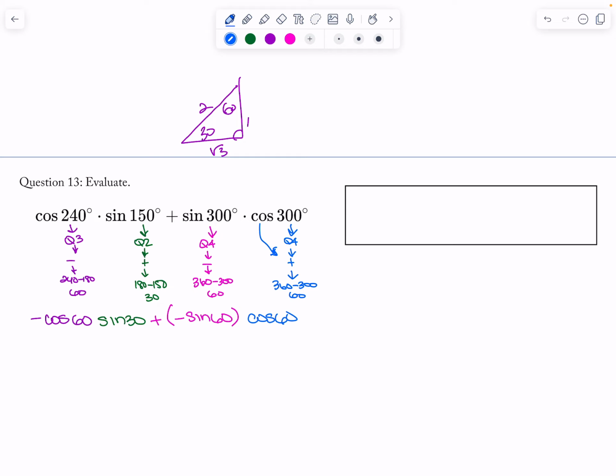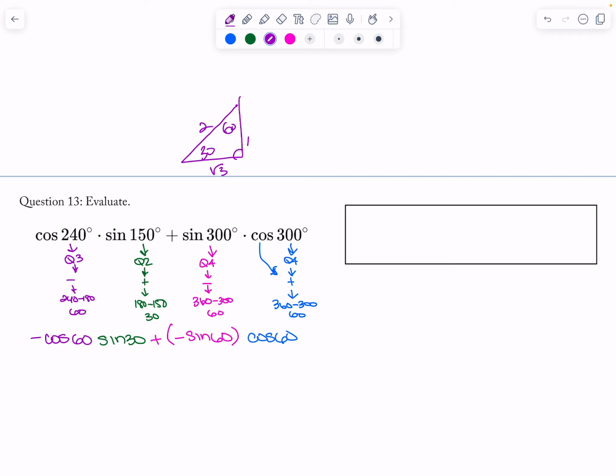Take a moment to make sure I didn't mess that up. Negative cosine of 60, positive sine of 30, plus a negative sine of 60, and a positive cosine of 60. Okay, so cosine of 60 is 1/2, so this is negative 1/2.